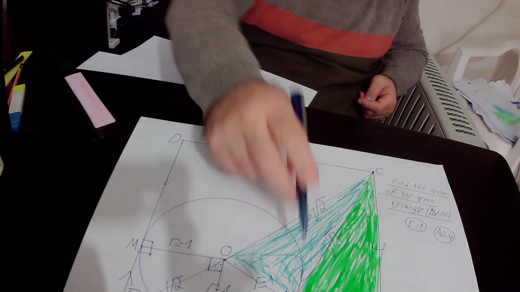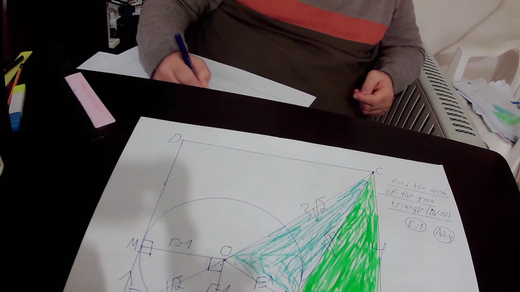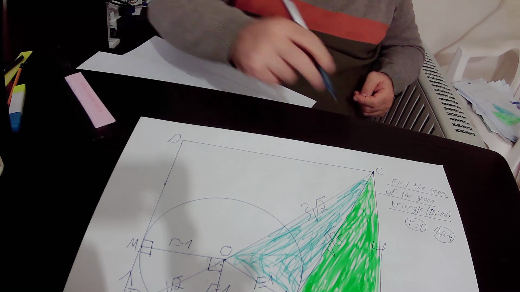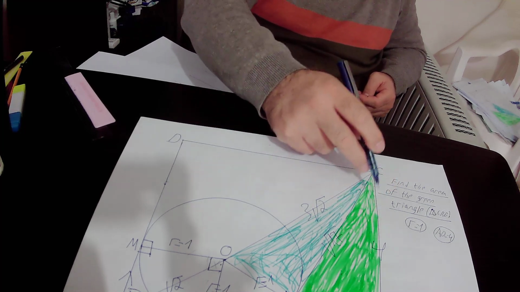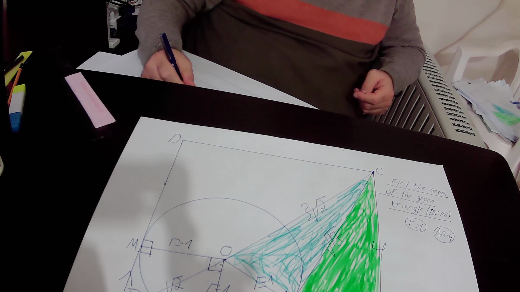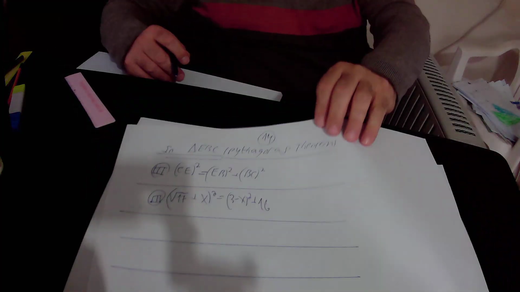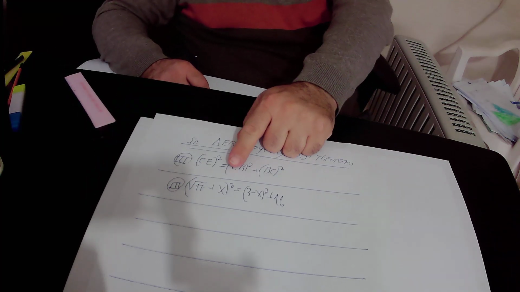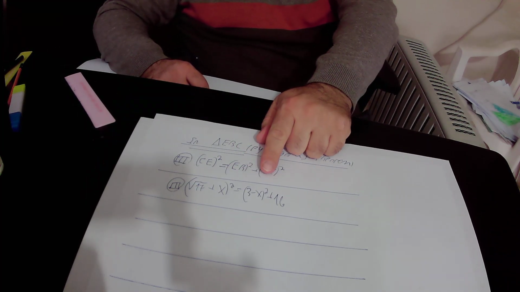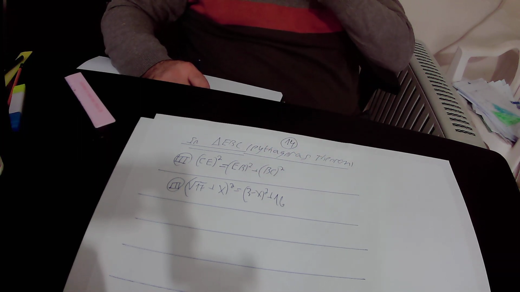EB equals 3 minus x, therefore EB squared is (3 minus x) squared, plus BC squared. BC equals 4 units, so BC squared is 4 squared, which is 16. So in conclusion, (square root of 17 plus x) squared equals (3 minus x) squared plus 16 according to the Pythagoras theorem.